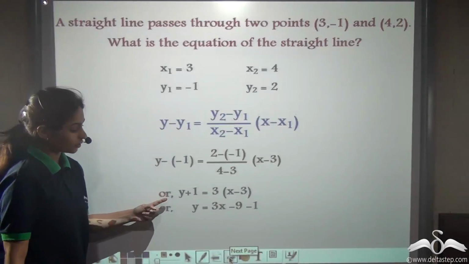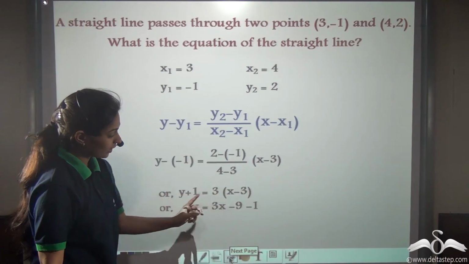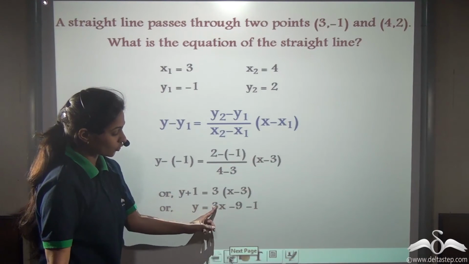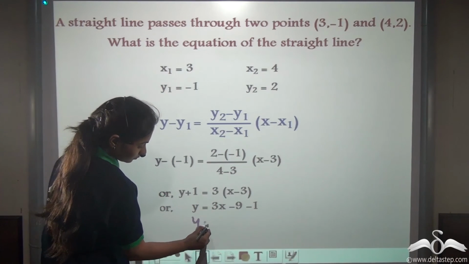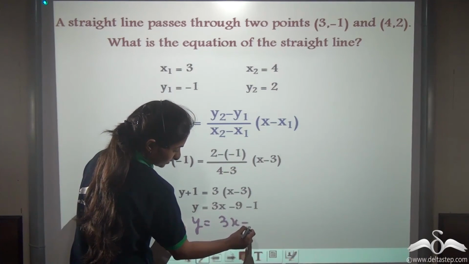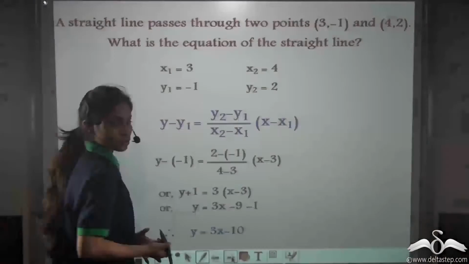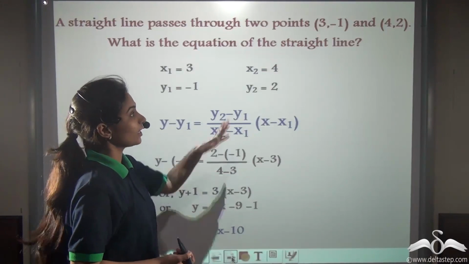Now solving this further, we get y is equal to 3x minus 3 into 3, 9, and this 1 goes over there. So 3x minus 9 minus 1. What do we get? y is equal to 3x minus 10.